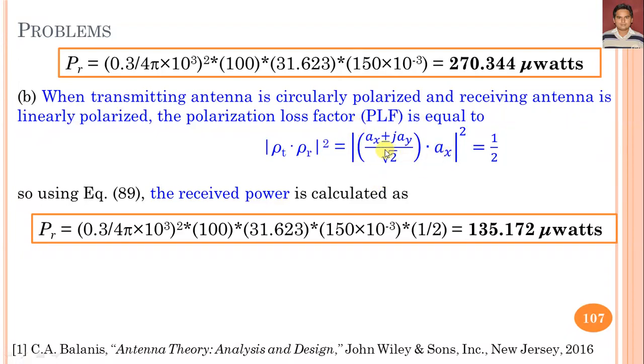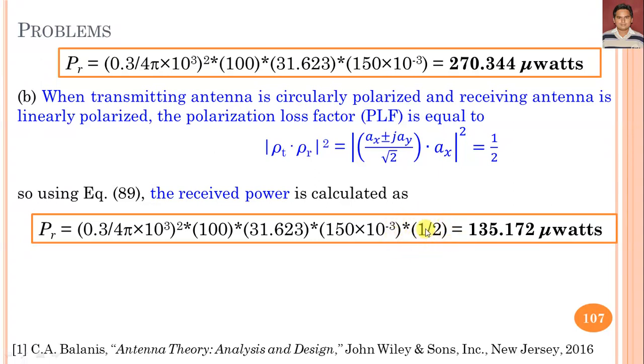Here you can see a_x dot a_x equal to 1, but a_y dot a_x equal to 0. So we get the magnitude squared of 1 by root 2, equal to 1 by 2, in the case when the transmitting antenna is circularly polarized but the receiving antenna is linearly polarized. So we have multiplied the received power P_R by the polarization loss factor, and that multiplication is applied in this equation.